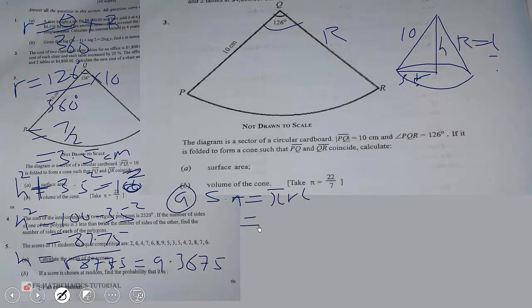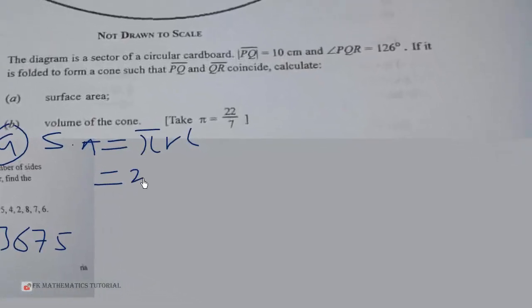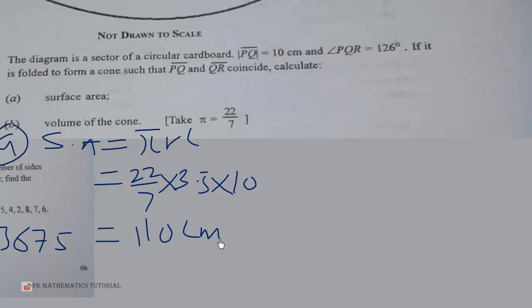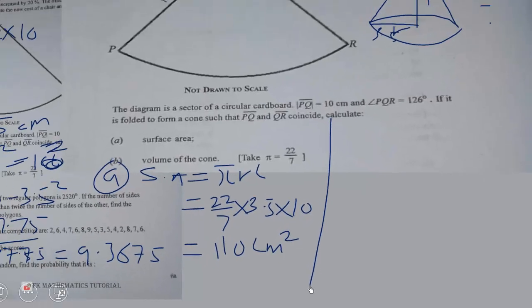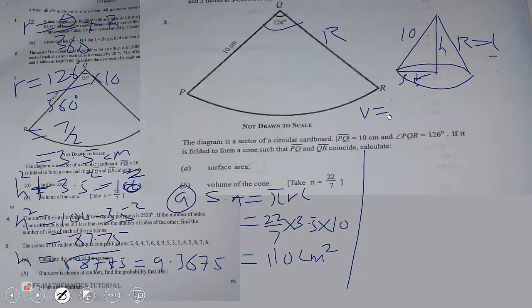So that will give us 22/7 times radius, which is 3.5, times L, which is 10 centimeters. So when we simplify this, we are going to get 110 centimeter square.